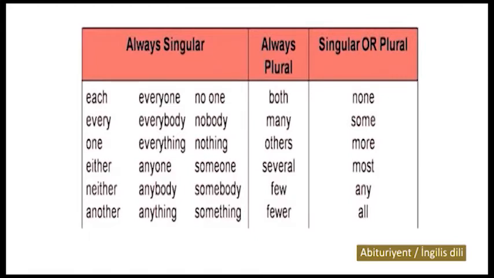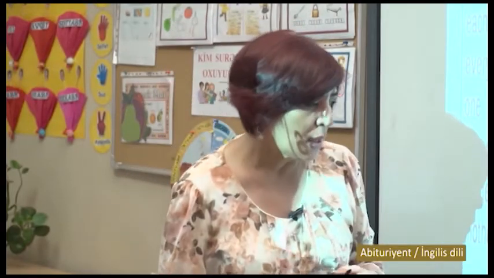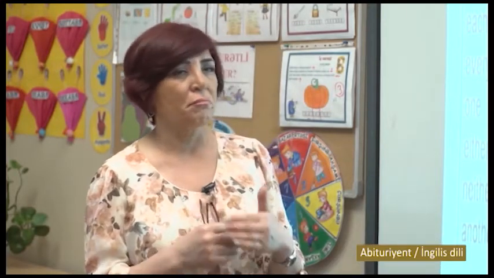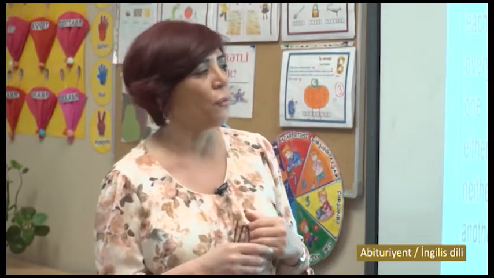Others, as an object or as a subject, require the verb to be in plural. For example, others are, others do, others believe. Several questions, several people, several types of music, few friends, few buses, fewer, it is the comparative degree of few.